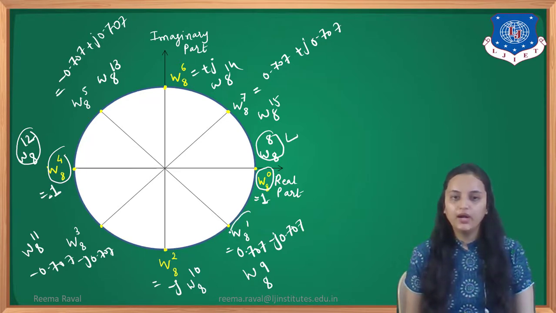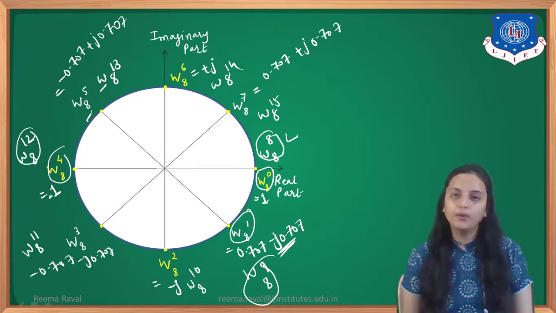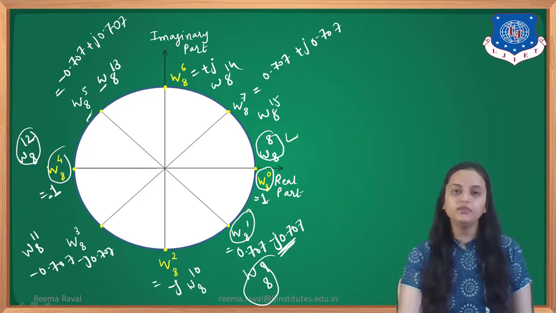In the same way, W81 and W89 values will be the same, but their opposite values, W85 and W813, will be opposite to these values. So as we move on the points of the circle, this property remains the same, so that every time we don't need to find the values. This is called the cyclic property of DFT.